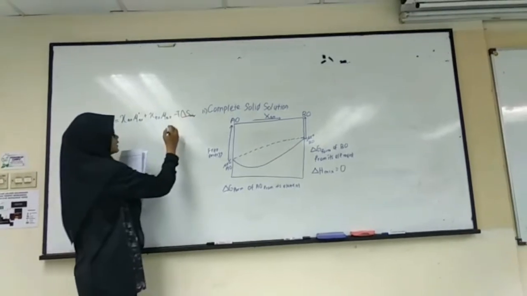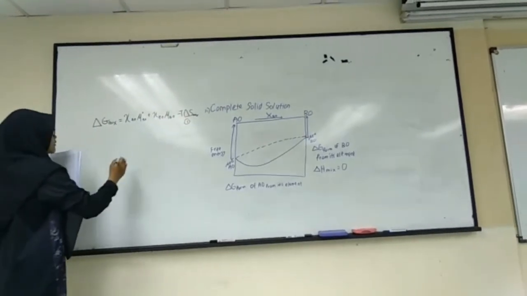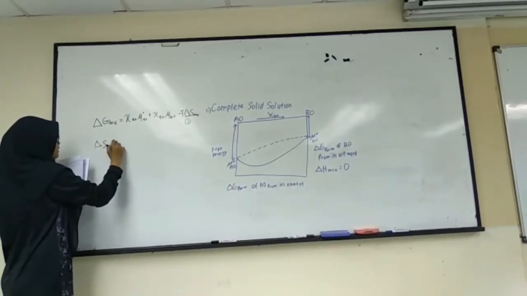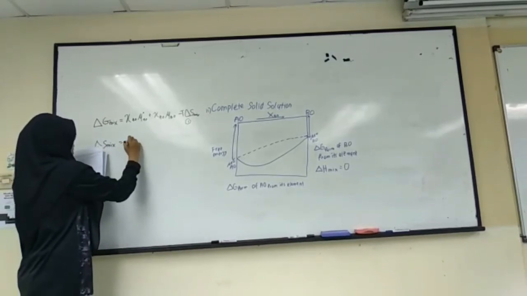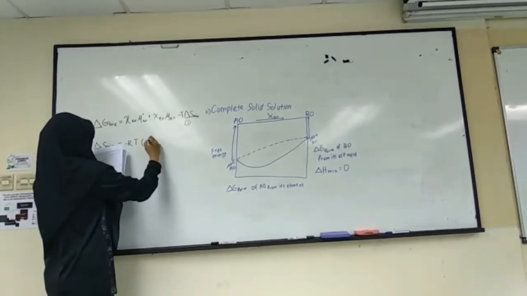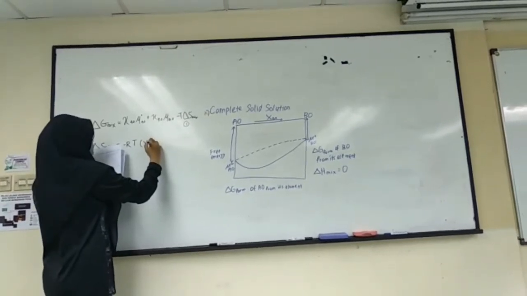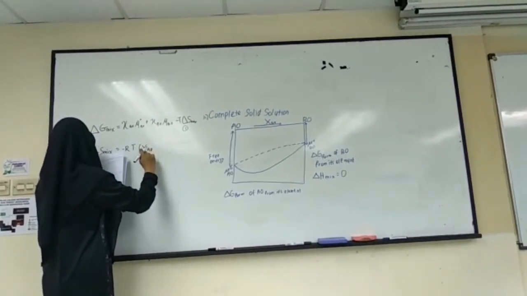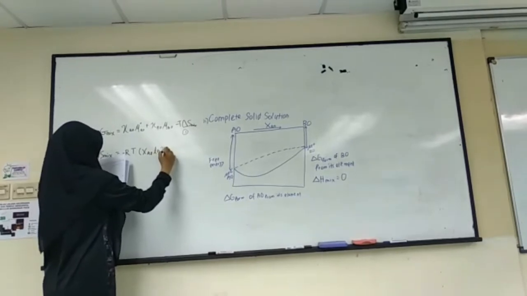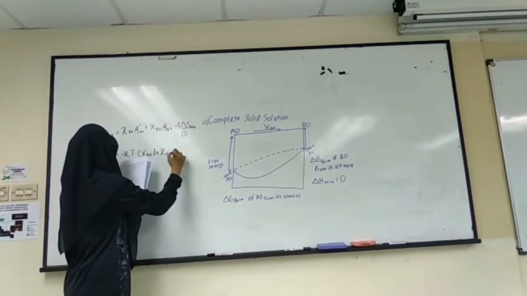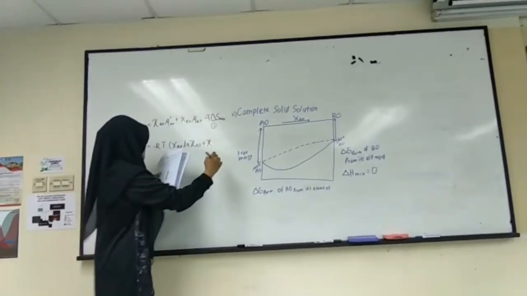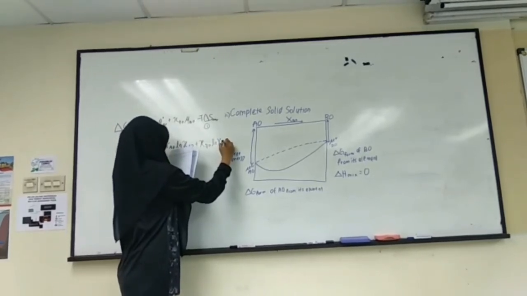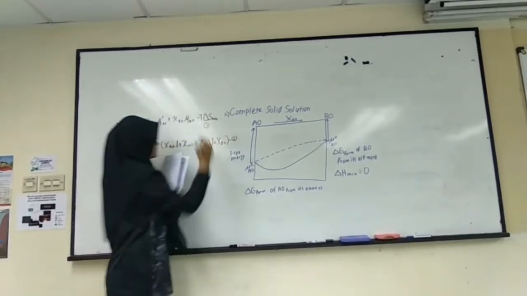This is equation 1. And the entropy of mixing is equal to a constant times temperature times XAO ln XAO plus XBO ln XBO. This is equation number 2.